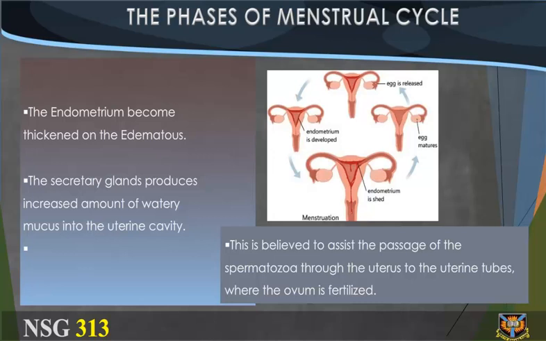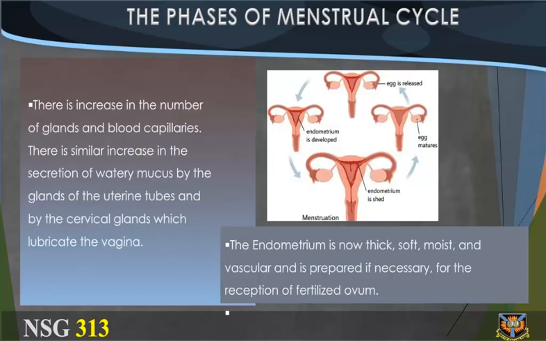The secretory glands produce increased amounts of watery mucus into the uterine cavity. This is believed to assist the passage of the spermatozoa through the uterus to the uterine tubes where the ovum is fertilized. There is an increase in the number of glands and blood capillaries.